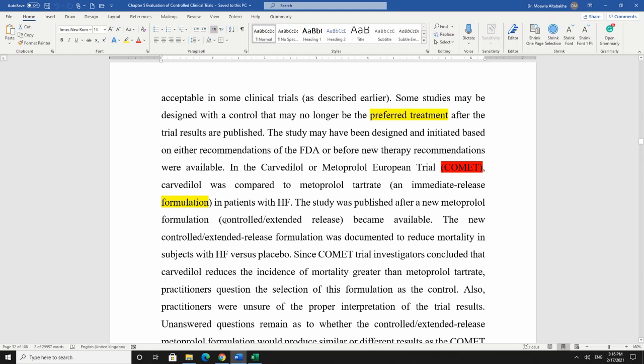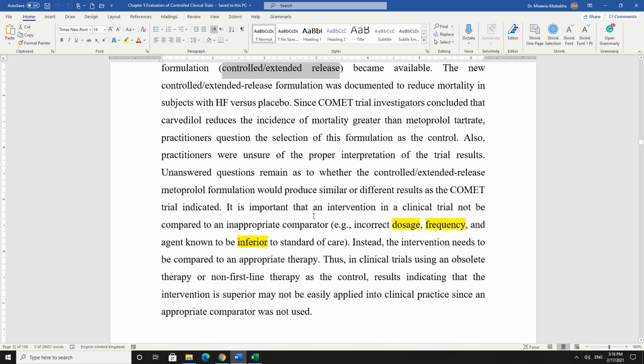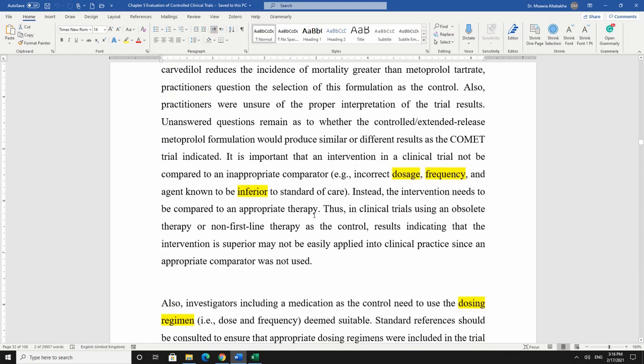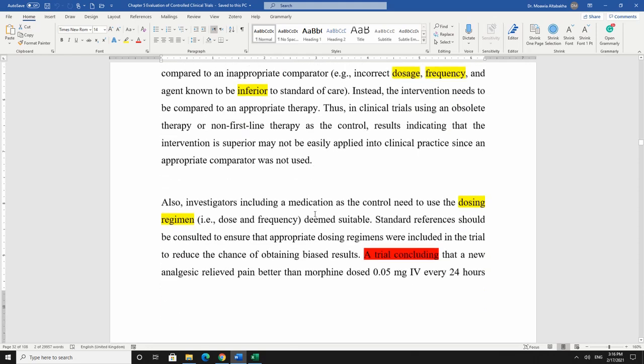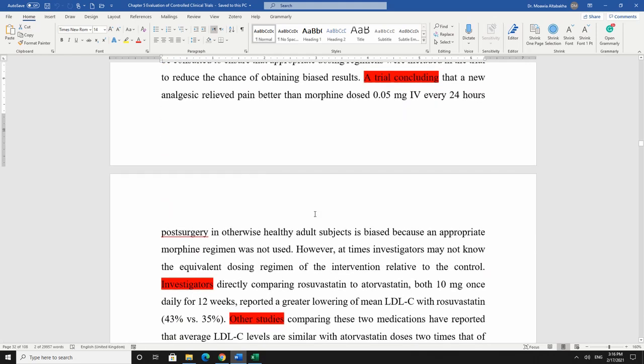So there was a new formulation coming out. But what you proved is that carvedilol is better than immediate release formulation, but you did not prove that carvedilol is better than the extended release formulation. Okay, so again, you are losing here. So dosing frequency is very important.